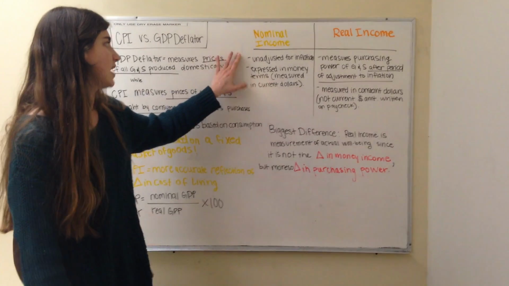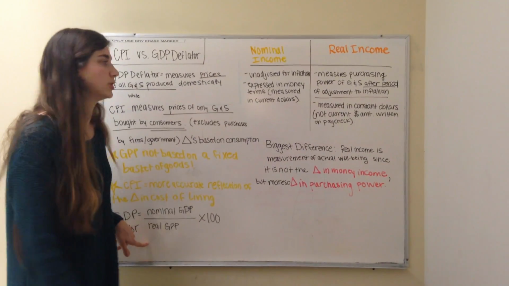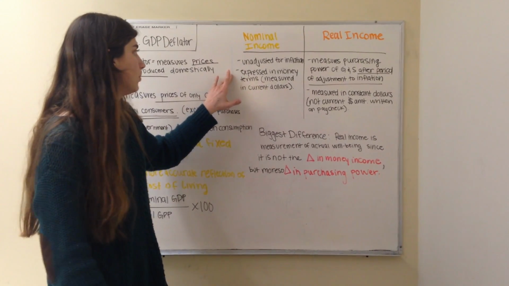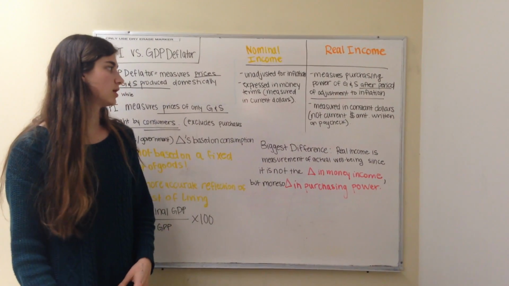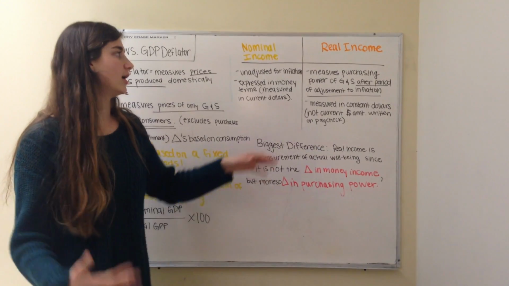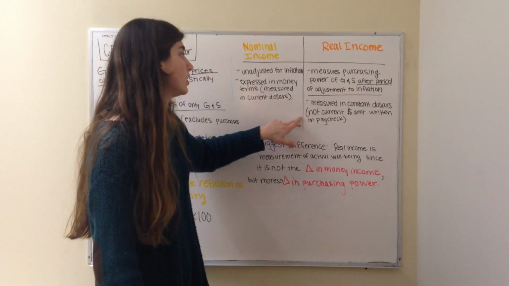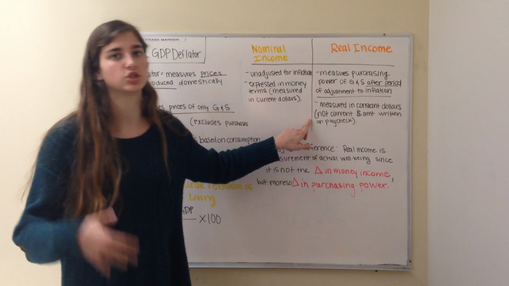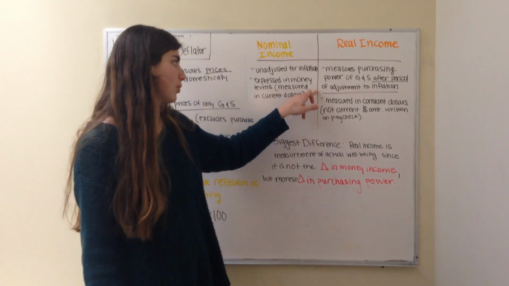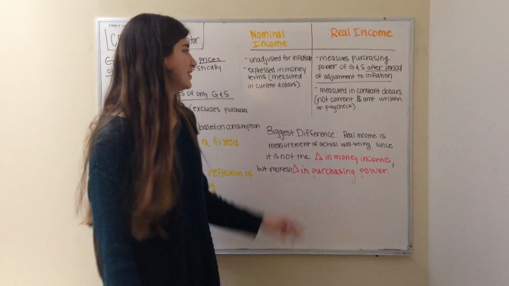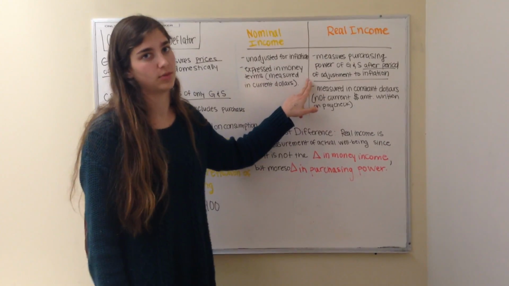So, more specifically diving into the concepts of nominal versus real GDP, we have nominal income, which is unadjusted for inflation, and it's expressed in money terms, measured in current dollars, unlike real income, which is measured in constant dollars, so not the current amounts which you're given on your paychecks weekly. It measures the purchasing power of G&S, or goods and services, after a period of adjustment for inflation.